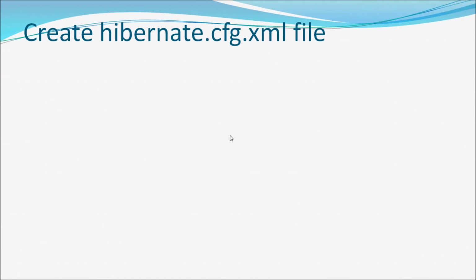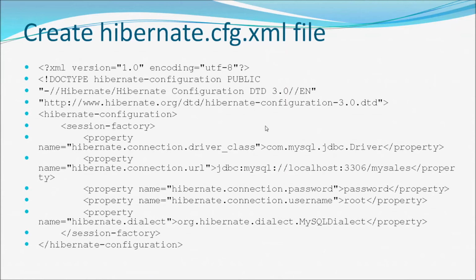Okay. Next, we need to create a Hibernate configuration file called hibernate.cfg.xml to specify the database connection information with the following XML. You see, we specify the driver class, database URL, username, password, and dialect.